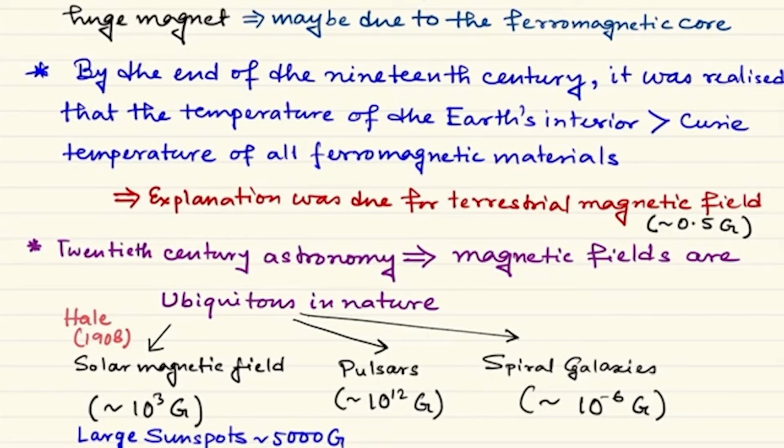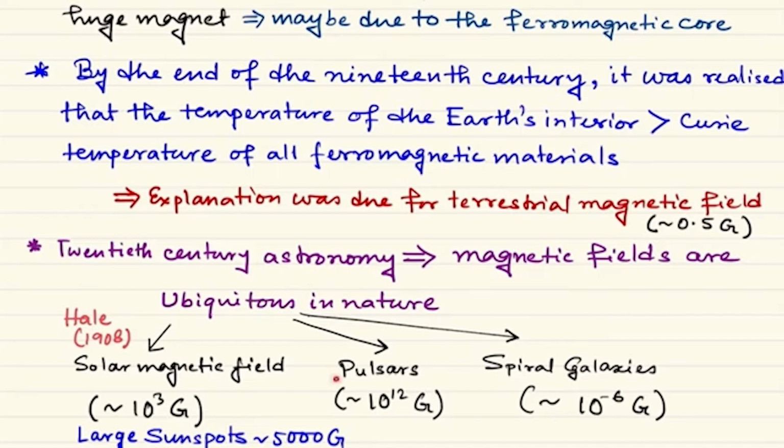The solar magnetic field near the sunspots is of the order of 10 to the 3 Gauss, almost like the magnetic field of normal laboratory magnets, and for the larger sunspots this can go up to 5000 Gauss. So it's a moderately strong magnetic field, not a very strong one.